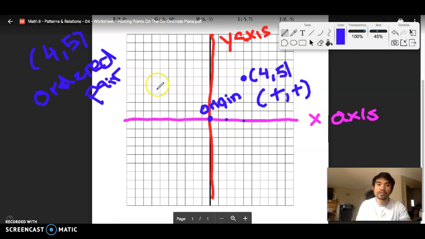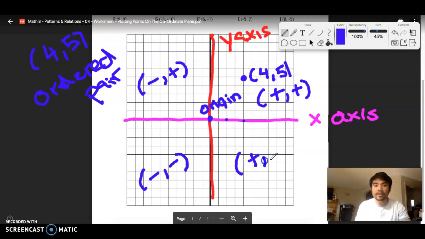And then on this one over here, our x's are negative, but our y values are positive. This one here, both of our x and y values are negative. And then last but not least, this one, our x-axis is positive and our y-axis is negative.